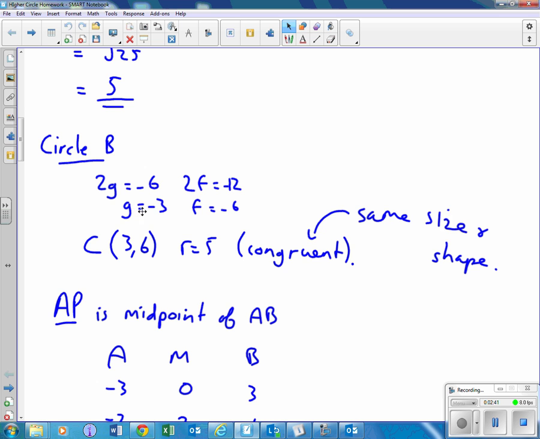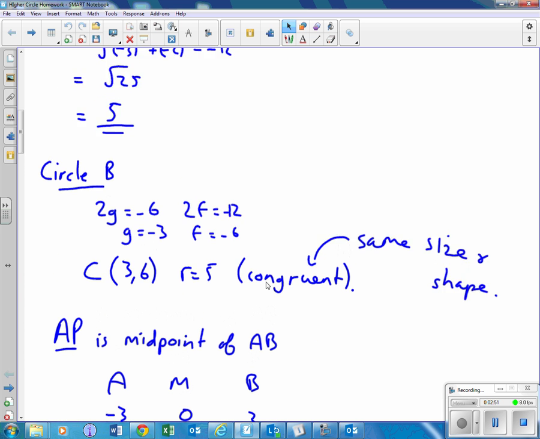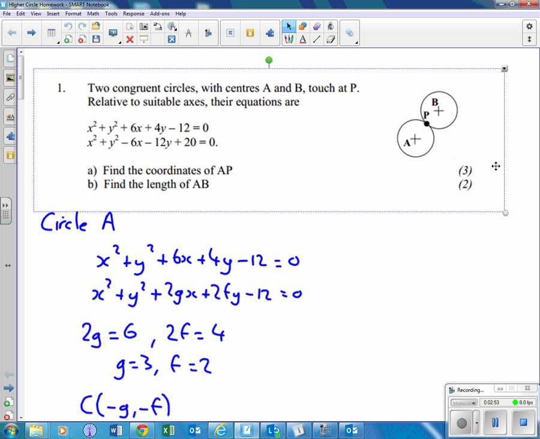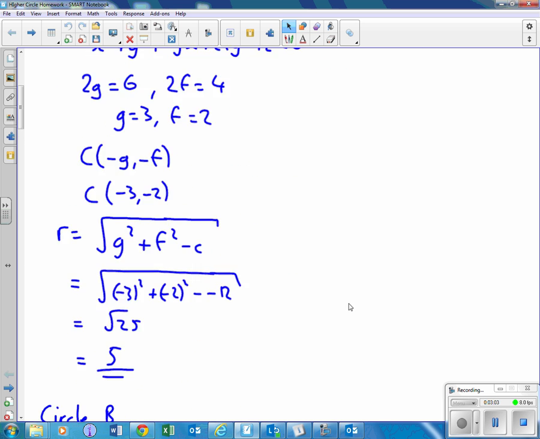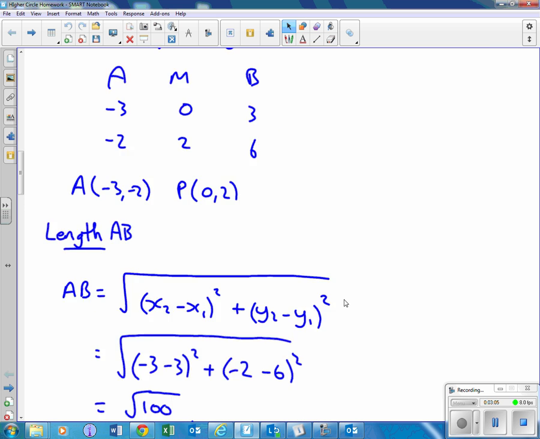So just calculating g and f in a similar fashion to what I did in part a. g is negative 3, f is negative 6, so the centre is 3, 6, and the radius is 5. So I'll have a quick look up at the question again. I'm looking for point P, which is the midpoint of A and B. Again, the reason is that the radius of each circle is equal, both a length of 5.